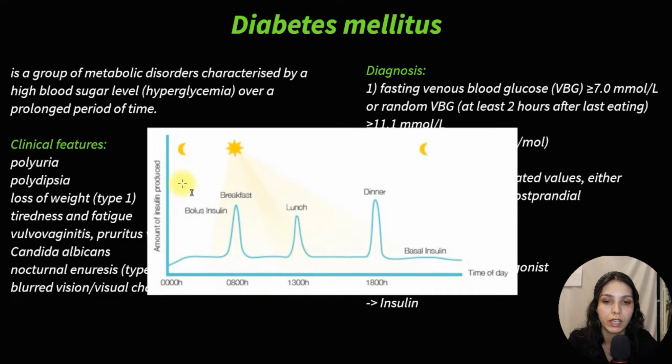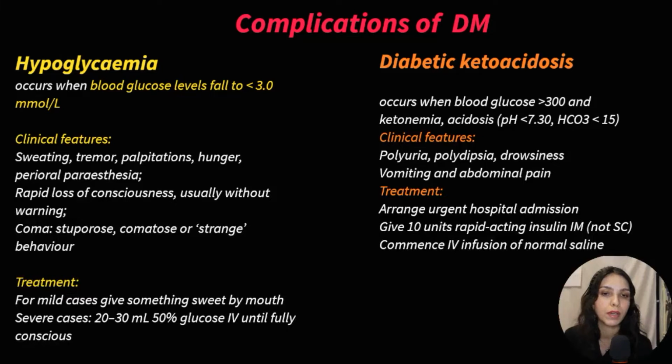So this patient has to take at least 3 bolus insulin doses before they eat, and also usually 1 time per day basal insulin, which is long acting. So let's talk about complications of diabetes mellitus.